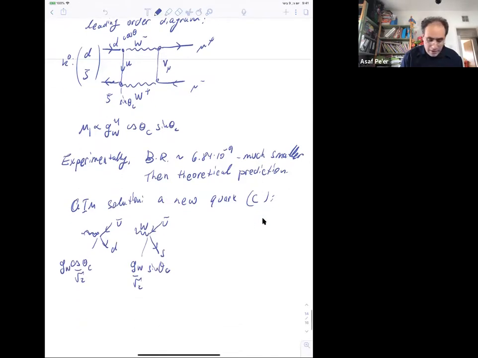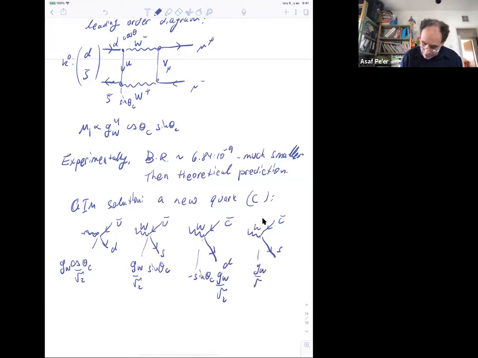Then they suggested that there is also this anti-charm, maybe connected to the weak interaction. And here they put a minus sign, so this will be a minus sine theta Cabibbo, G weak over square root of 2, and the charm with the S will be G weak over square root of 2 cosine theta Cabibbo.